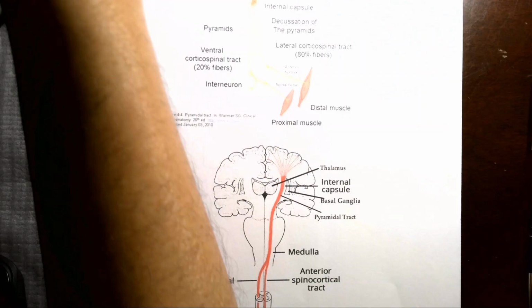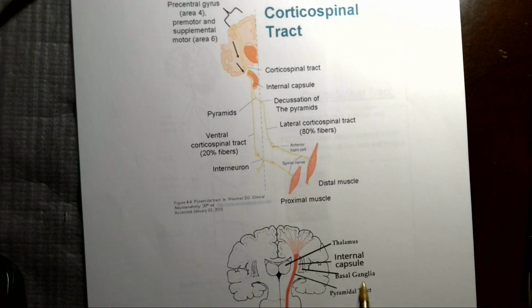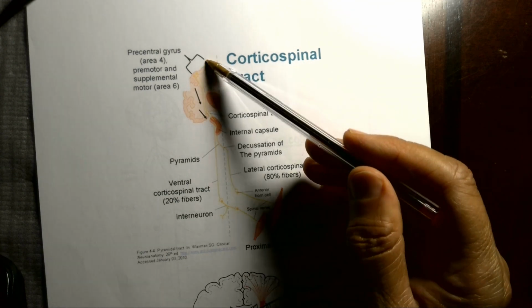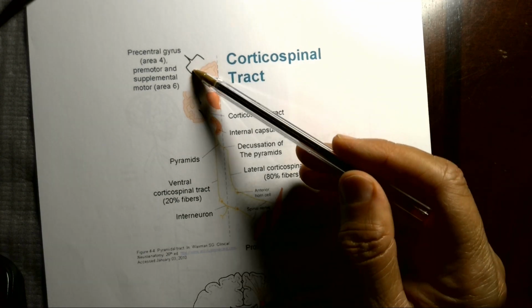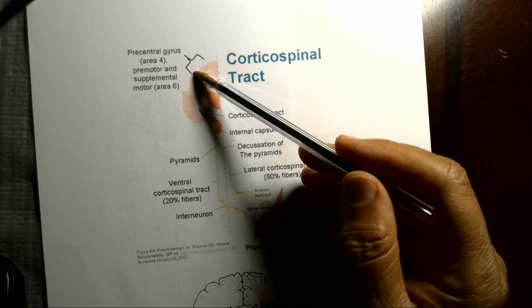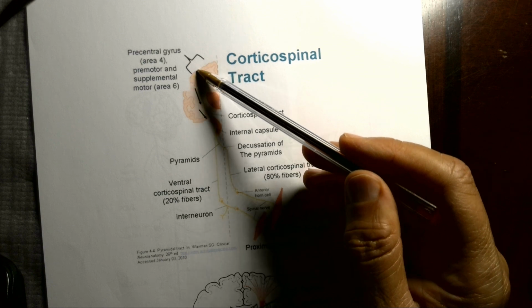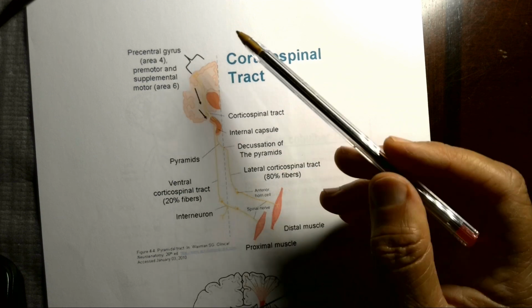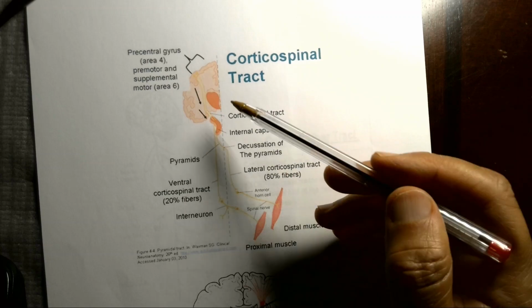Then coming to the corticospinal tract, if we follow it from the beginning to the end, it comes from the premotor and motor areas in the precentral gyrus, area 4 and area 6, the supplementary area.